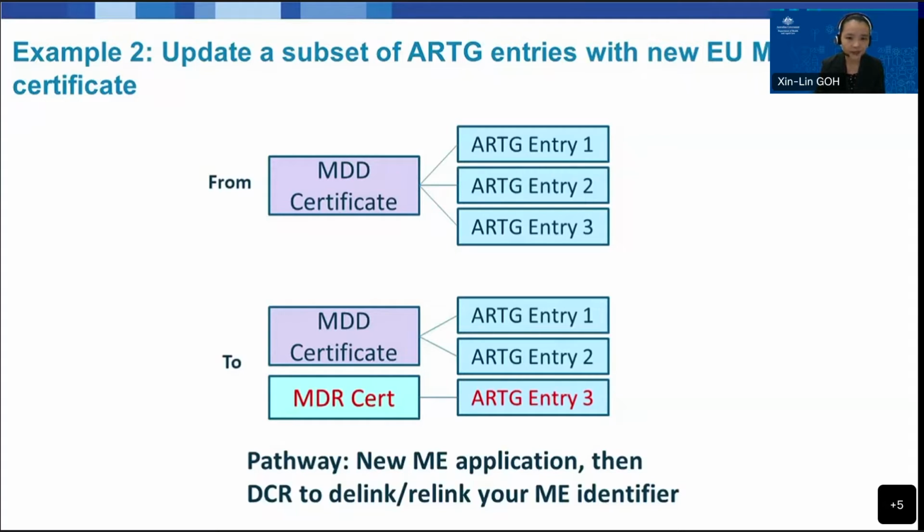And when that is accepted, the sponsor would then need to submit a device change request to link their ARTG entry 3 to the new ME identifier associated with the new MDR certificate. So the pathway for this scenario would be a new ME application and then a device change request to delink and relink your ME identifier.